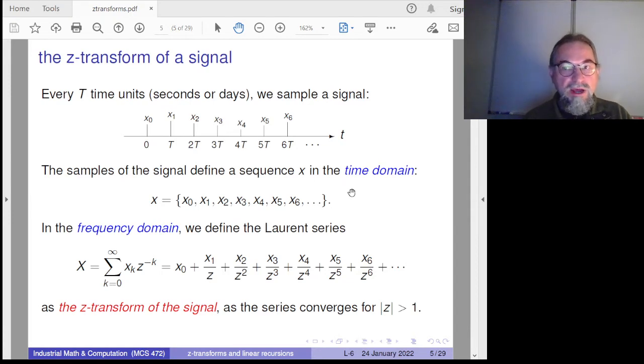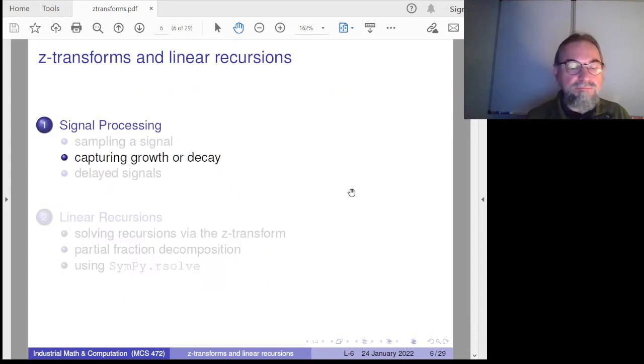So we have a mathematical model. We are now actually turning things around. We are looking at a series and we're going to try to figure out what is the signal that corresponds to this. So let's start to look at some series.